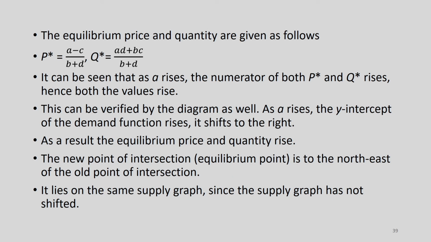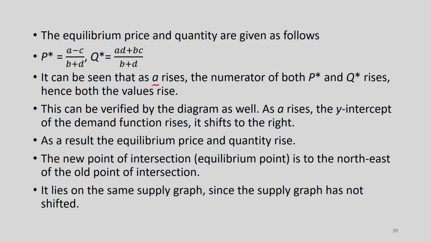Now, what happens in this story if some of these parameters change? Suppose this small parameter a, which is positive, rises. You can see straight away from the expression of P star and Q star what happens if small a changes.